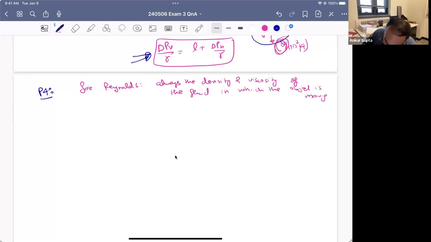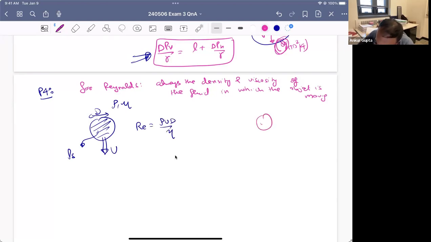So let's discuss this. If I have a solid with density rho, viscosity mu, and diameter d, and this is settling with the velocity u, then the Reynolds number will be rho u d by mu. And if I have a bubble rising up with the velocity u and diameter d, even in that case, it will be rho u d by mu.